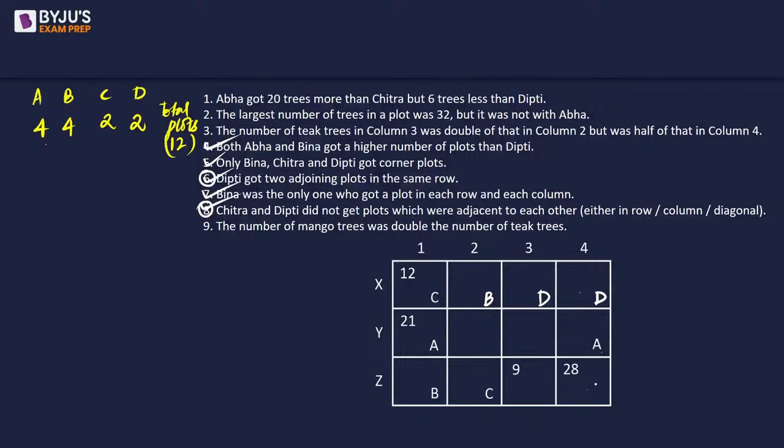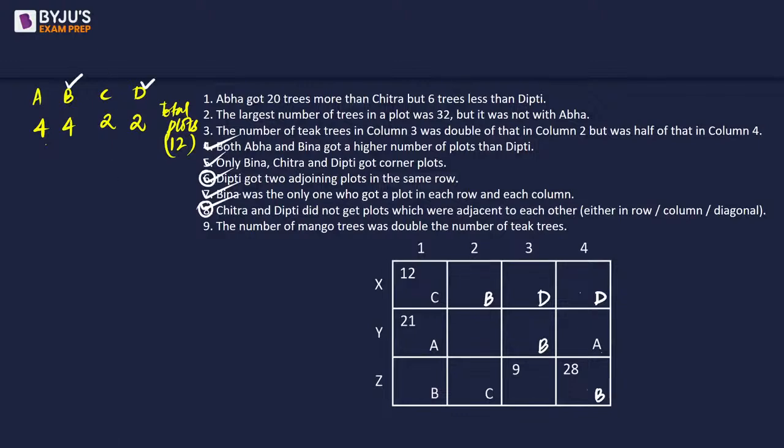In the fourth column, we need a Bina, so this is going to be Bina. Now in the third column also we need it, and second row also we need Bina. So this is where Bina will be. So we are done with 4 Bina.